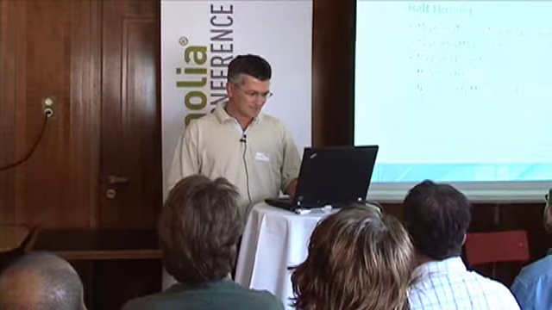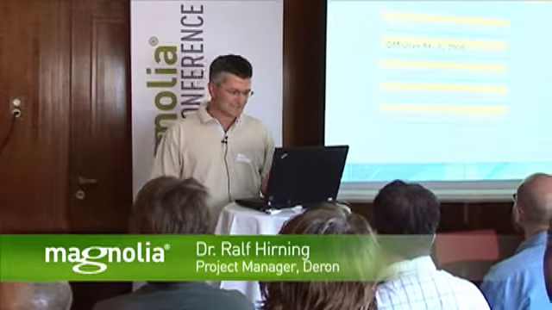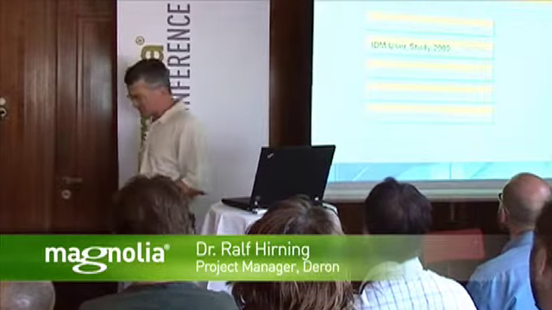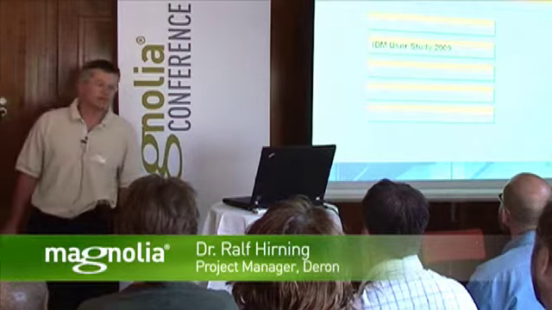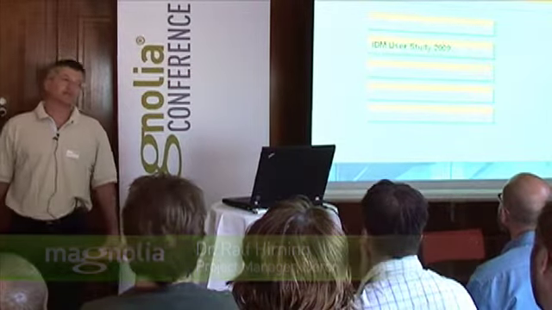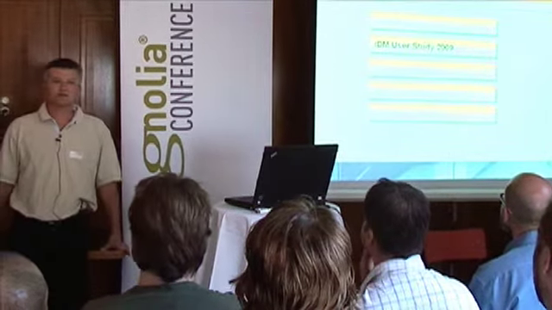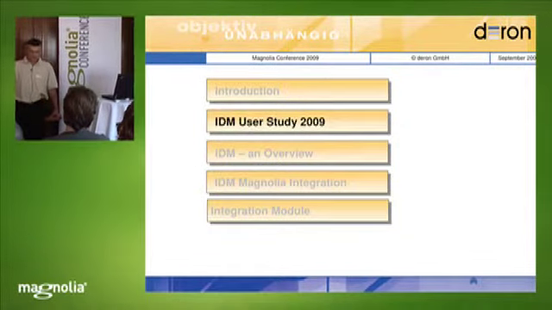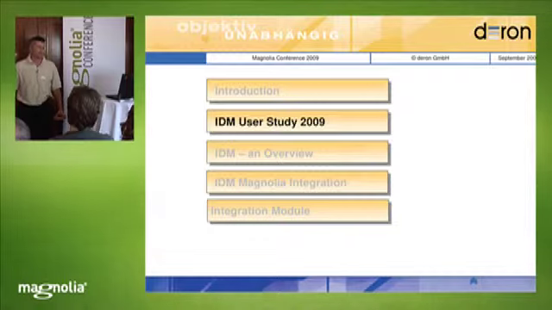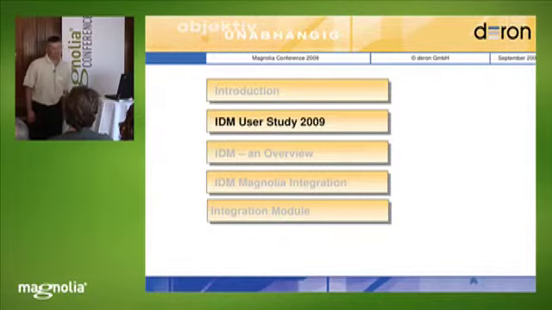I just want to give you some statistics, some figures. So Deron, as an independent company, on a regular basis, every 2, 3, or 4 years, we start a user study.